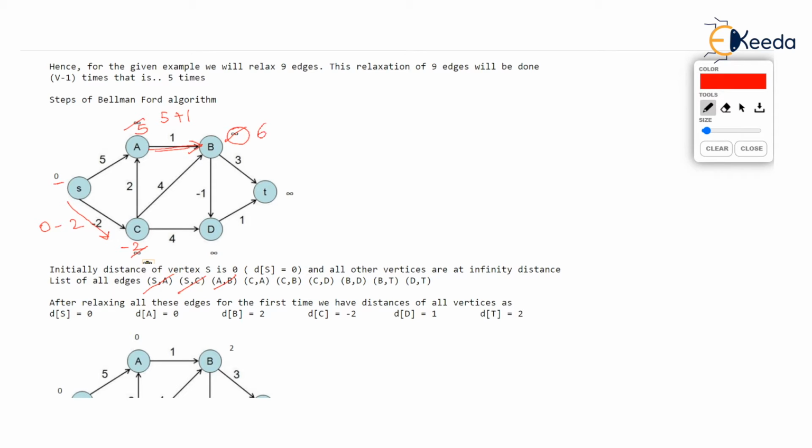Let's take the next edge, C comma A. Now C comma A, I'm talking about C comma A. Notice this edge. How will you work on this? It will be minus 2 plus 2. Observe, distance of C is minus 2 now. Minus 2 plus 2, which is 0. Is it less than dA? Yeah, very much. So dA, which was 5, will now again change to 0.